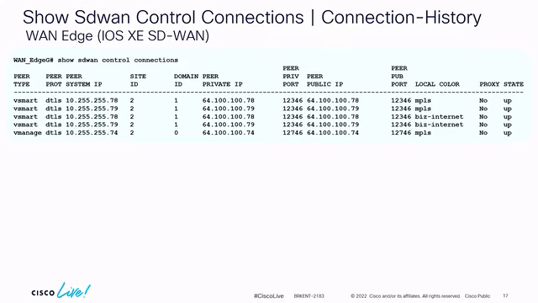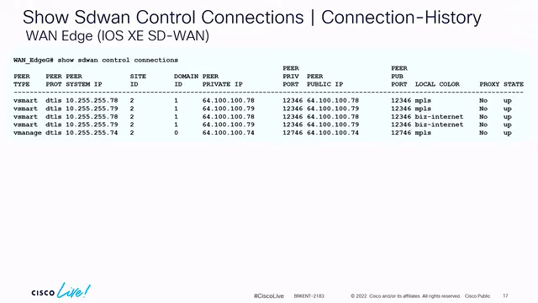A really important command that we use when we're doing troubleshooting is the show sdwan control connections command. This will tell us if there are connections being negotiated or if there are connections that are established. Now, it would be great to be able to go to our vManage and look there, but unfortunately at this stage, we don't have vManage connections. So this will give us some really good information.